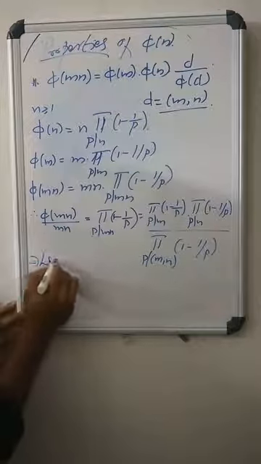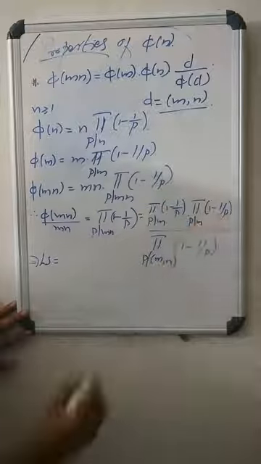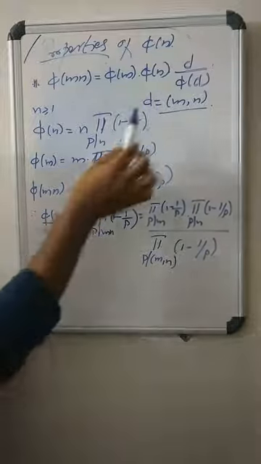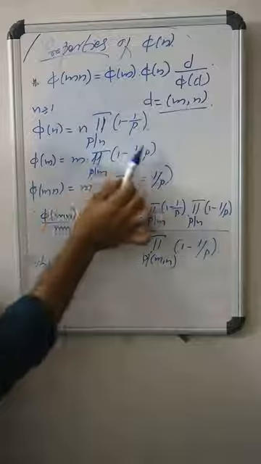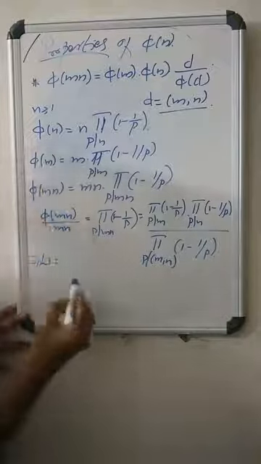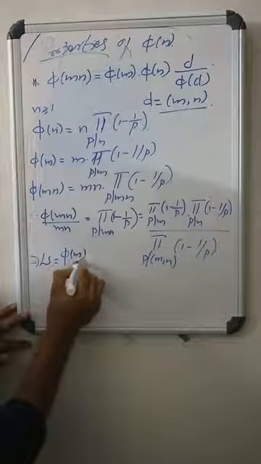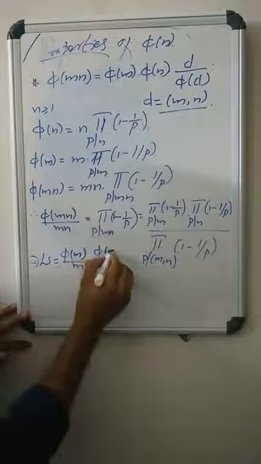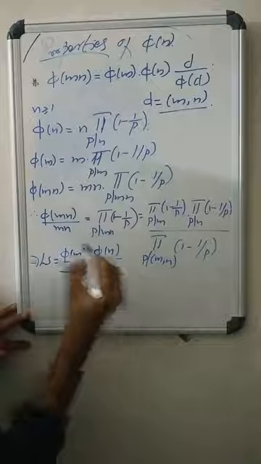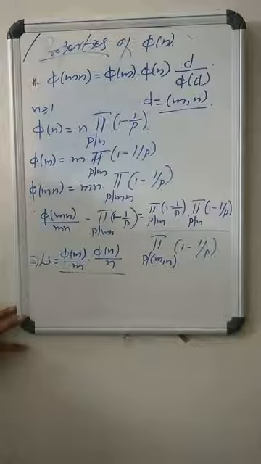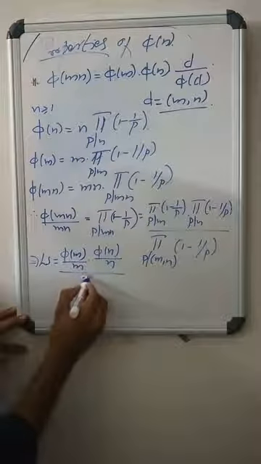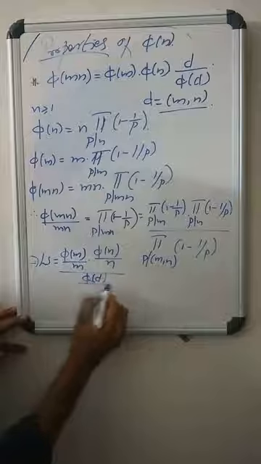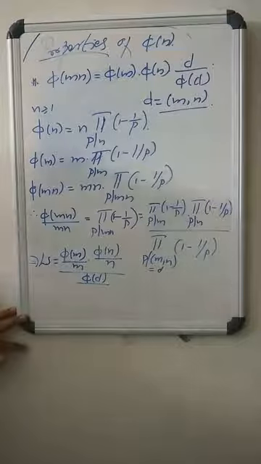So what is the right side? The product over p dividing m of (1 minus 1 by p) is phi of m by m. By the product formula, the next one is phi of n by n, divided by, the GCD of m and n being d, phi of d by d.